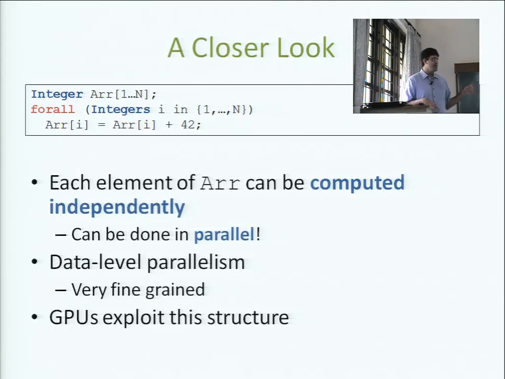And data level parallelism is what GPUs are made to exploit. So if you look at what we talked about, the graphics pipeline, right? You have a set of vertices, you have a set of fragments, and you need to apply some transformation on each of these things, which is independent of the transformation you apply on any of the others, right? So again, the code is the same for all of them, but just the data is different.